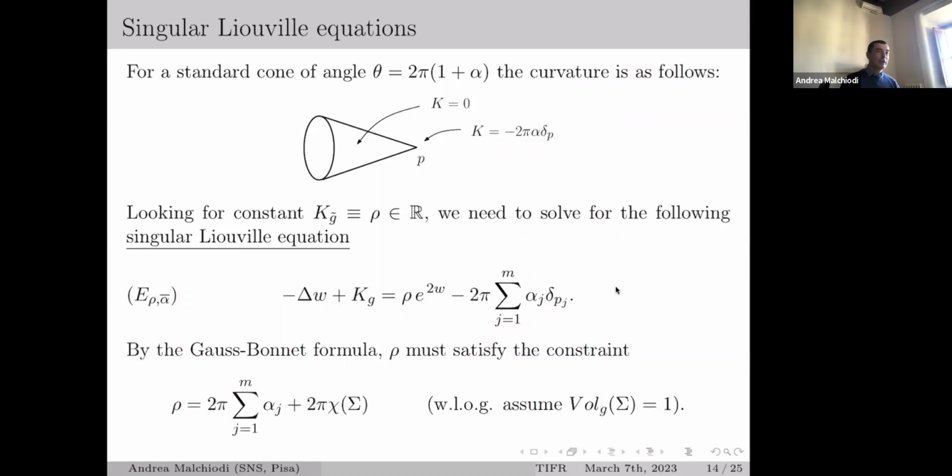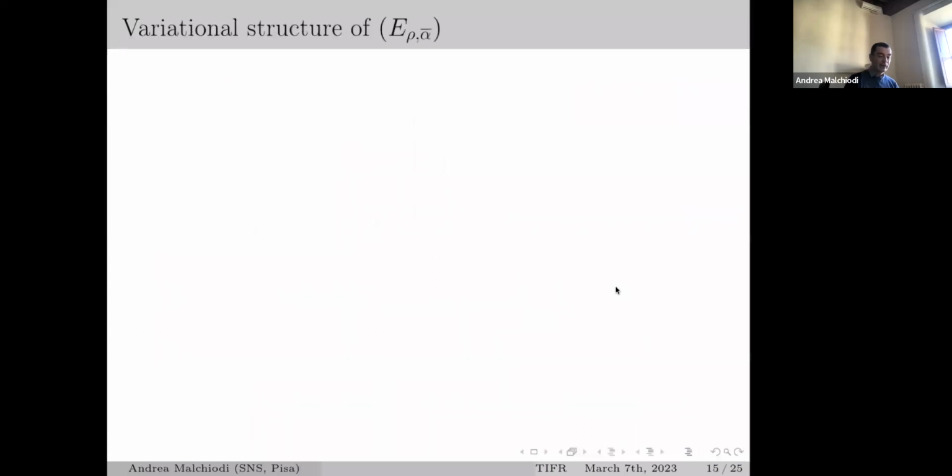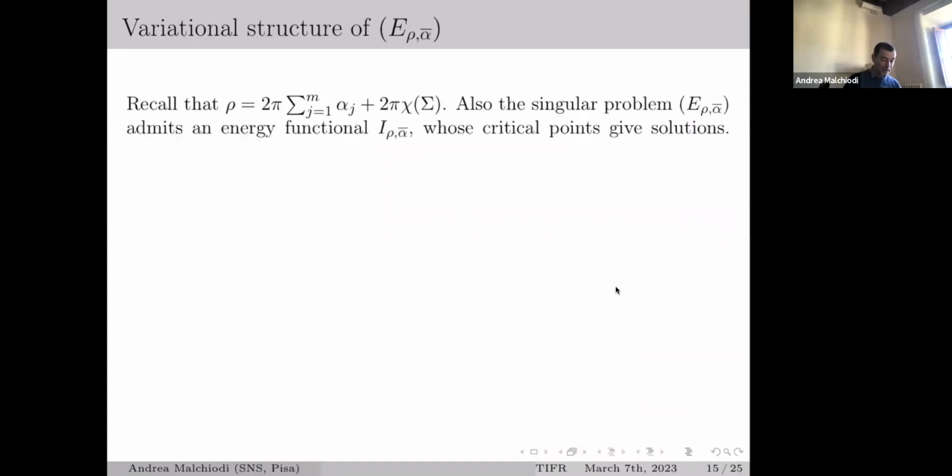There is still a constraint by the Gauss-Bonnet formula, now of a singular type. The constant curvature that you get, for example if the volume is 1, must be equal to the Euler characteristic multiplied by 2 pi, but then you need to add 2 pi times the sum of the weights alpha j. So it's a singular Gauss-Bonnet formula.